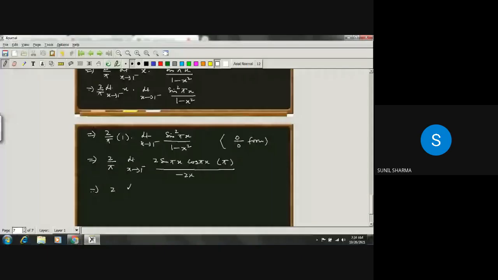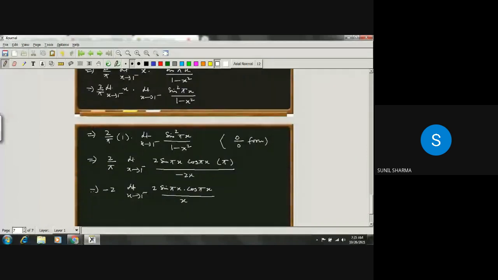Even I can write 2 limit x goes to 1 negative sin pi x into cos pi x, I can write 2 sin pi x into cos pi x divided by x. Even we can take minus to be common.